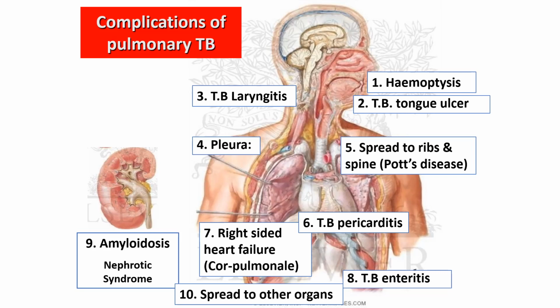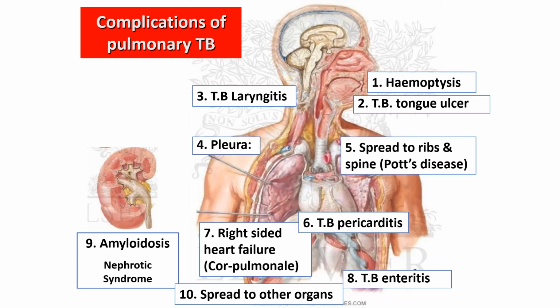What is the long-term fate? Due to marked pulmonary destruction, fibrosis, and decreased tributaries of the pulmonary artery, there is right-sided heart failure due to pulmonary fibrosis, called cor pulmonale. Because it is a long chronic specific inflammation, the patient will have chronic toxemia leading to amyloidosis.